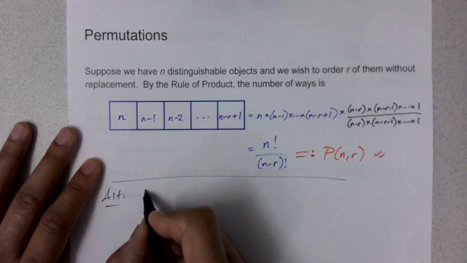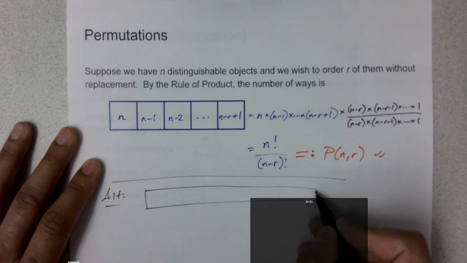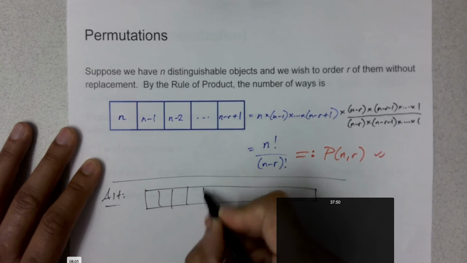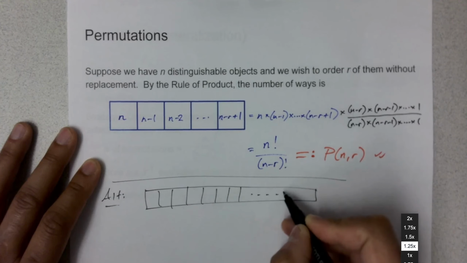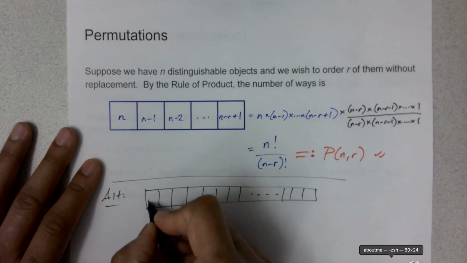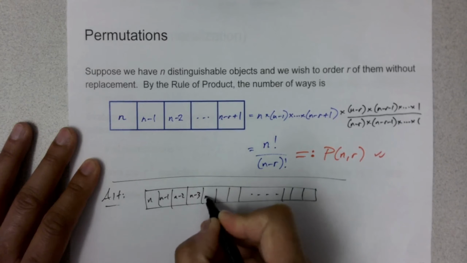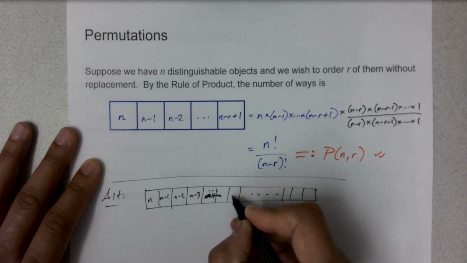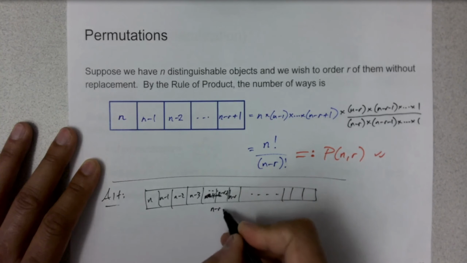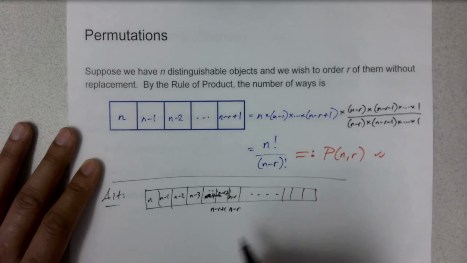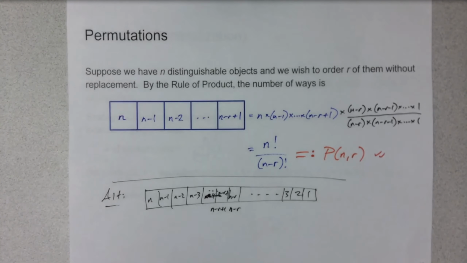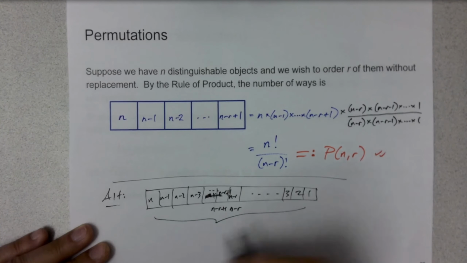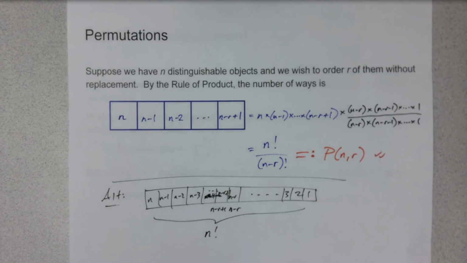You could put n boxes, n, n minus 1, n minus 2, n minus 3, and so on, dot, dot, dot, down to n minus r plus 1. So you could do this entire thing, just take all of them and commute them. Now, of course, that's too much, right?